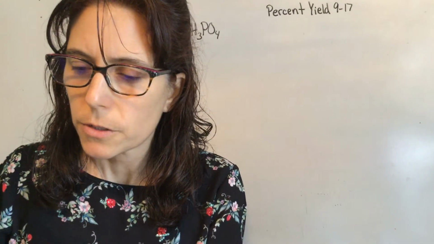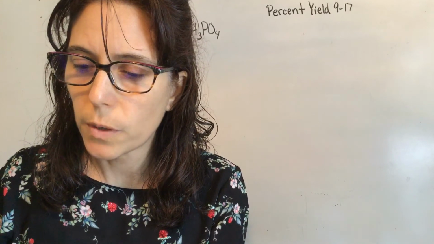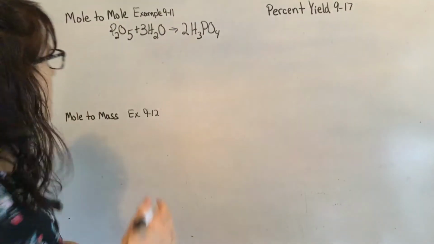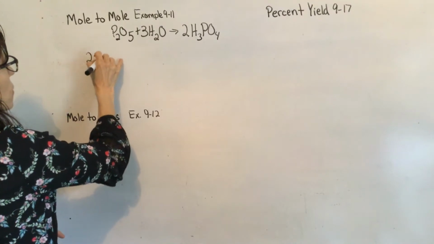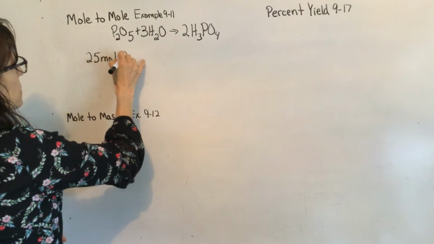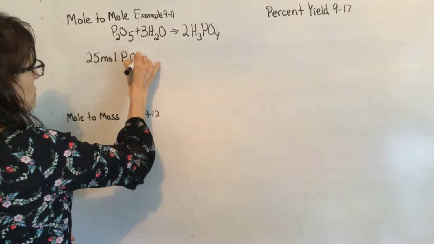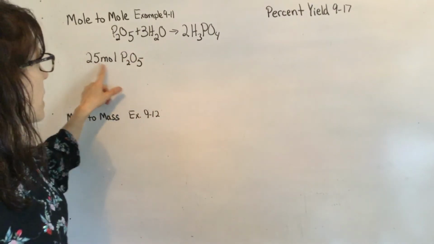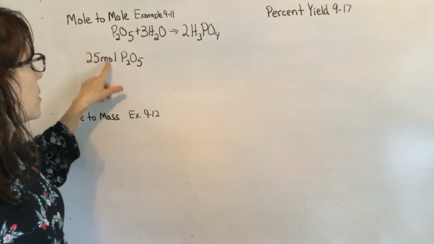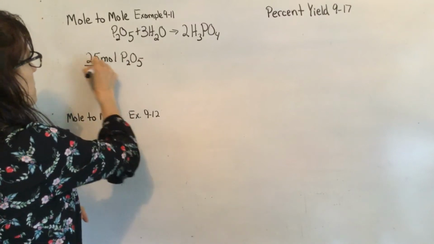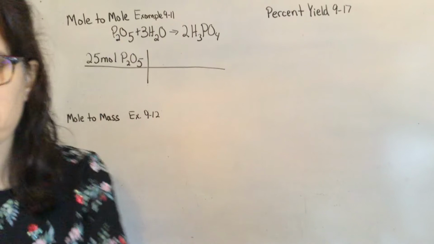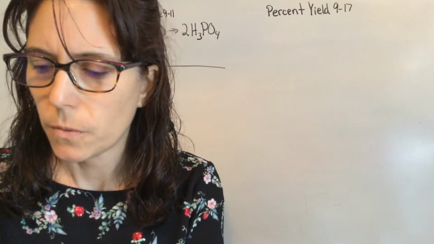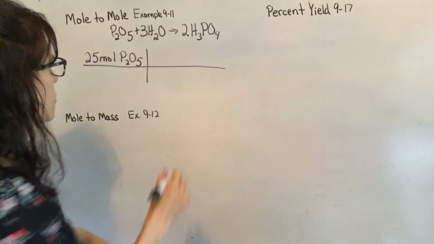All right, so we want to start with 25 moles of diphosphorus pentoxide. So it says 25 moles. All right, so that's our given. That's our given number, unit, and substance. We want to convert that to moles.